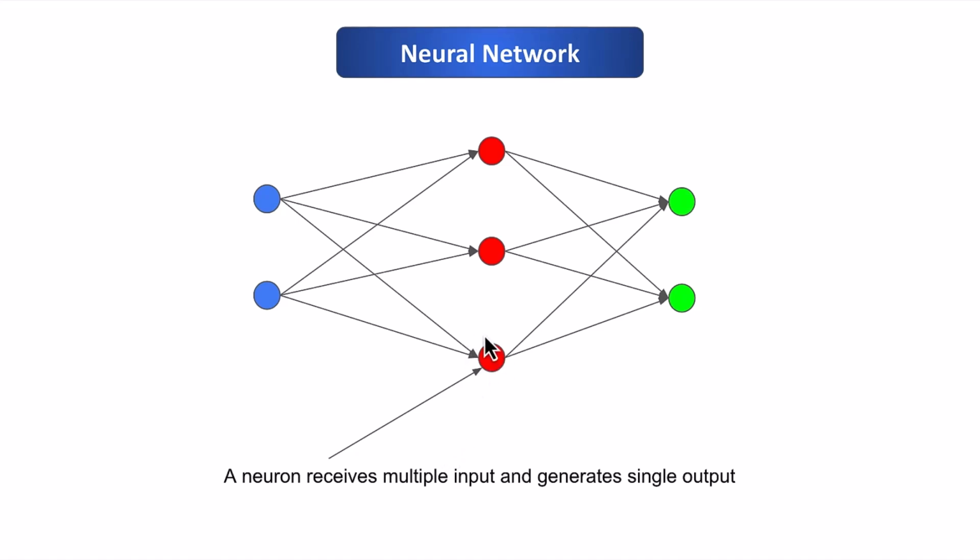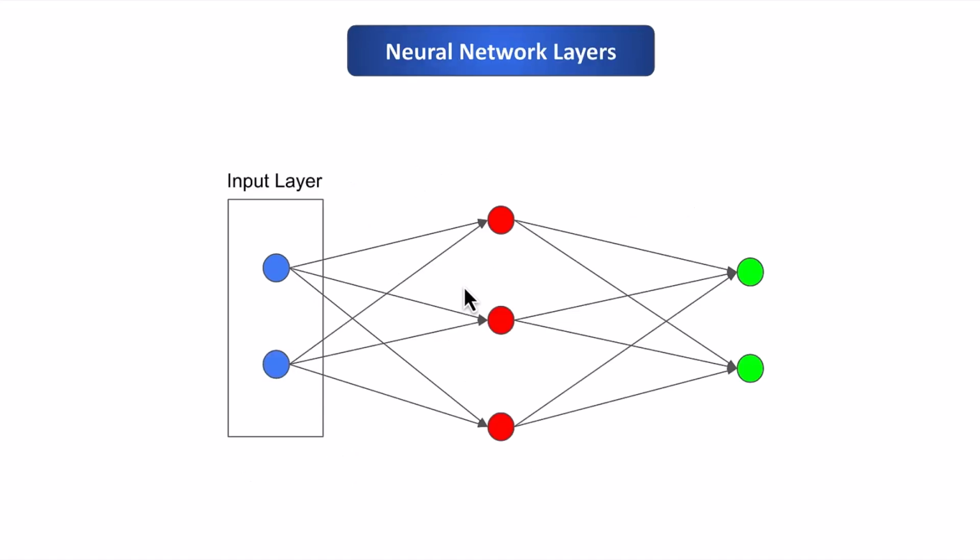So inside a neural network, the first important thing is the neuron, and the second thing is the layer. As we have said, inside a neural network there are layers, and inside those layers there are neurons. In this very simple neural network there are three types of layers. The first type is called the input layer, and it is represented with these blue circles.